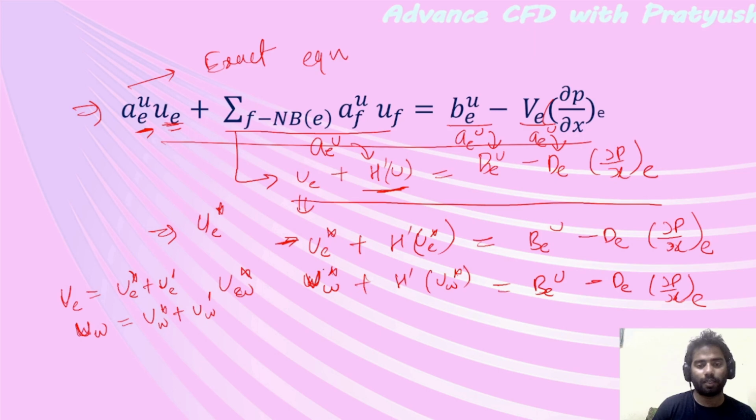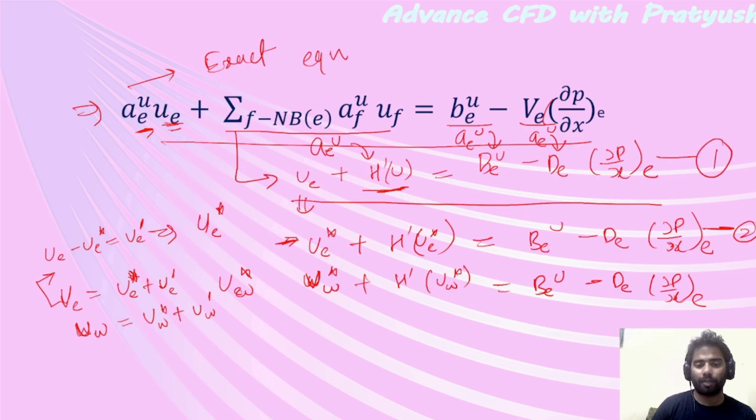Okay, what I mean to say is that if I subtract UE minus UE star, then I will get UE dash. Similarly, I am going to subtract these equations. Suppose this is equation 2 from equation 1.